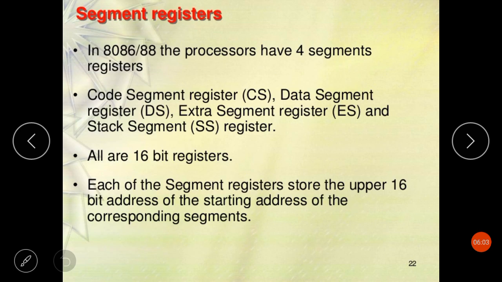Now let's discuss what segment registers are. As I've told you, segment registers are used to store the starting address of each segment of segmented memory. Again, let me discuss what happens. The physical address of the 8086 is 20 bits wide to access 1 megabyte of memory locations.